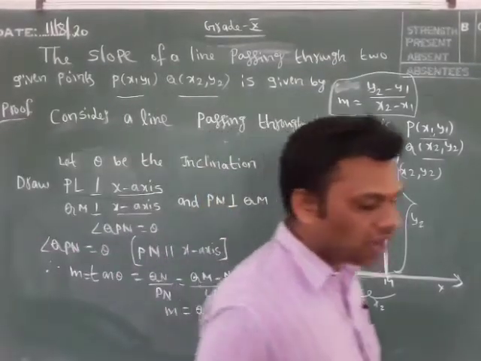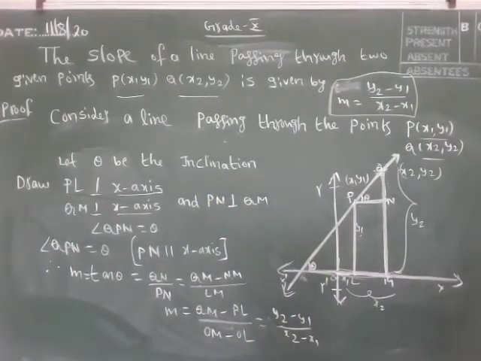Therefore, the slope of a line passing through the two given points P(x1, y1) and Q(x2, y2) is (y2 - y1)/(x2 - x1).